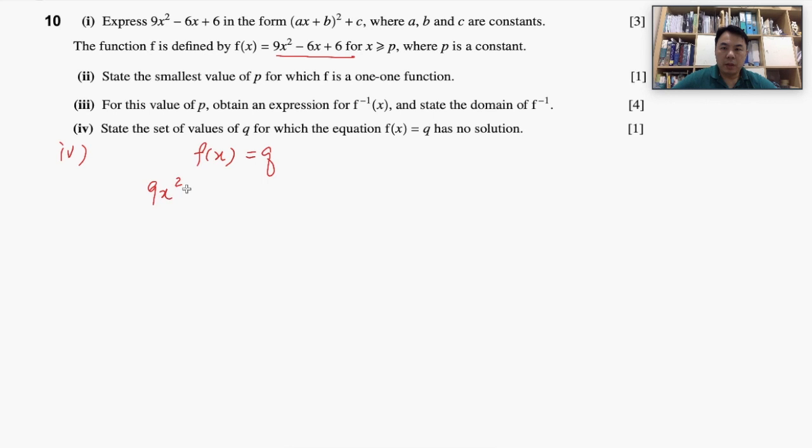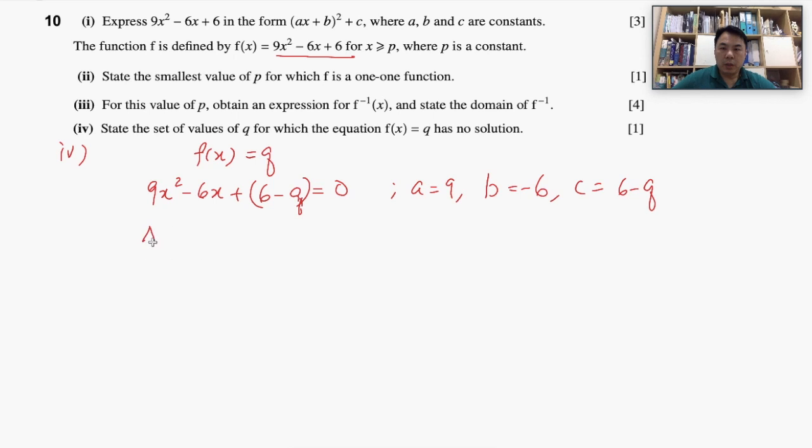We will have 9x squared minus 6x plus 6 minus q after I move everything over. Okay. And then recognize that a is 9, b is -6, c is 6 minus q.